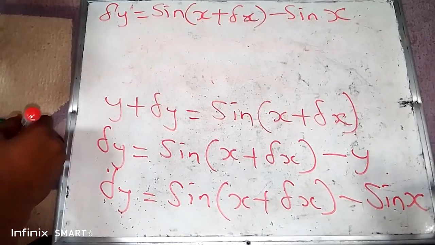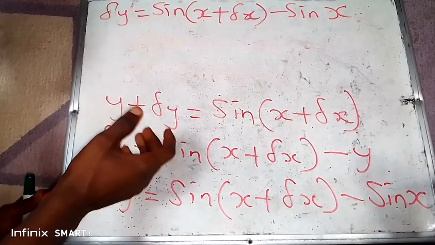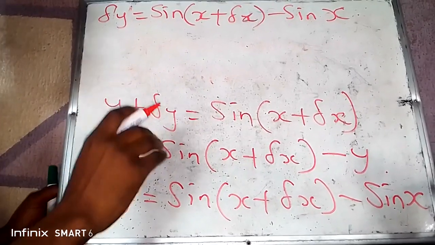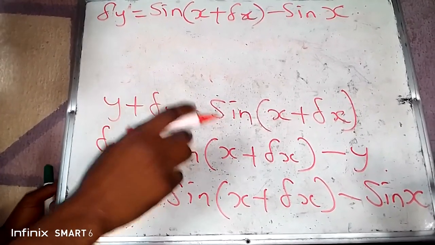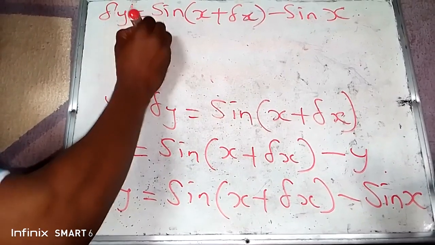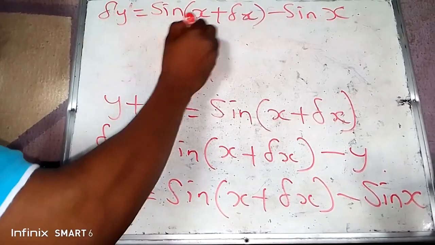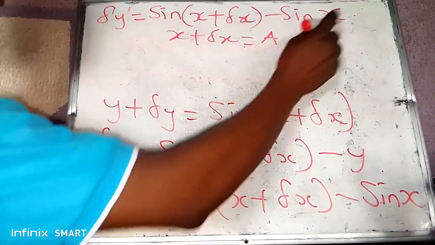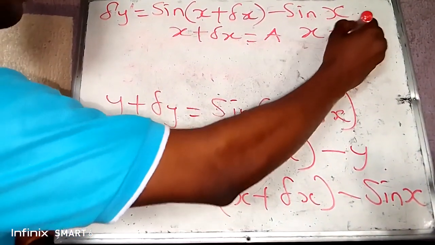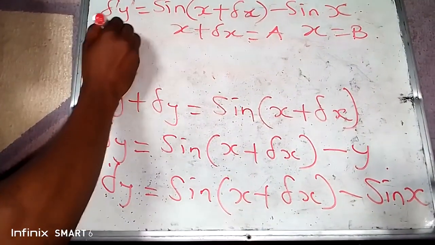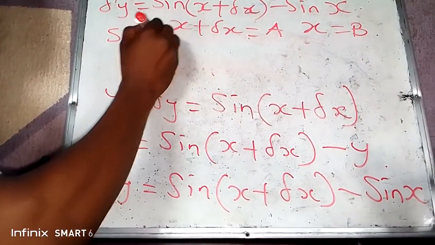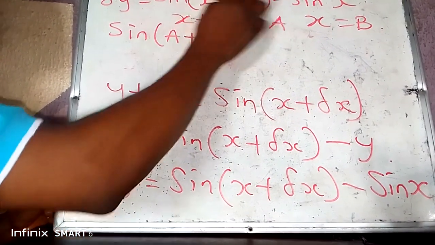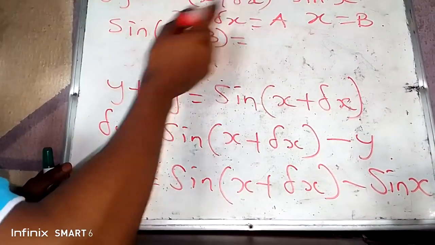Now, from our previous videos, if you have watched our product formula, you have to understand what I'm about to do now. If you have not watched it, go and watch it. You will say x plus dx will be our a, and our x equals our b. So that means I can say sin a plus b equals, and what's our sin a plus b?